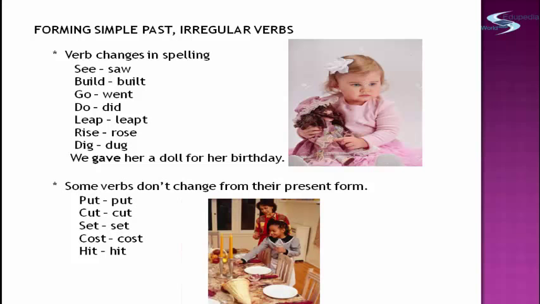I would like to present an example for this: Did you set the table? It follows the previous pattern that I have presented, but the verb has retained its original spelling. This is again a regular verb.